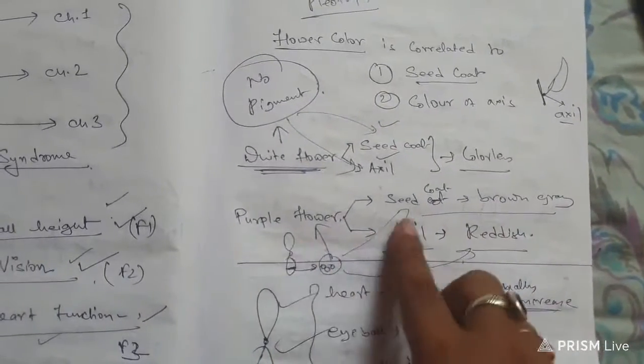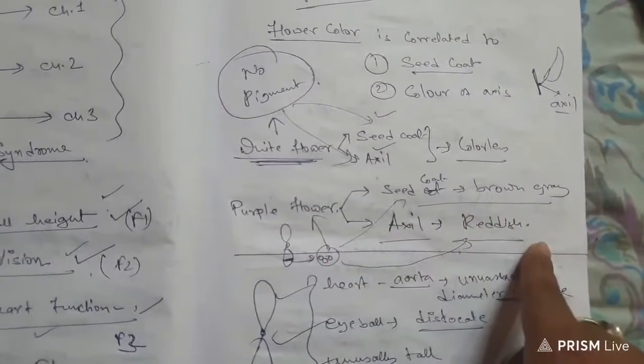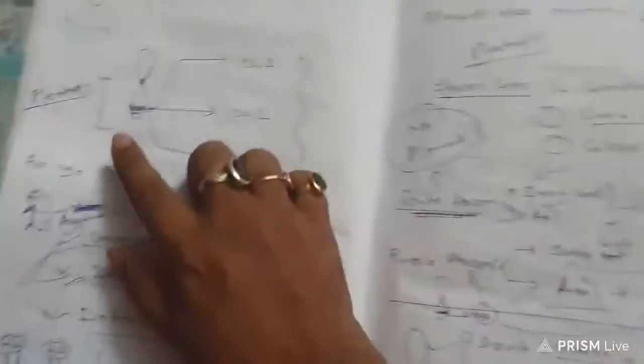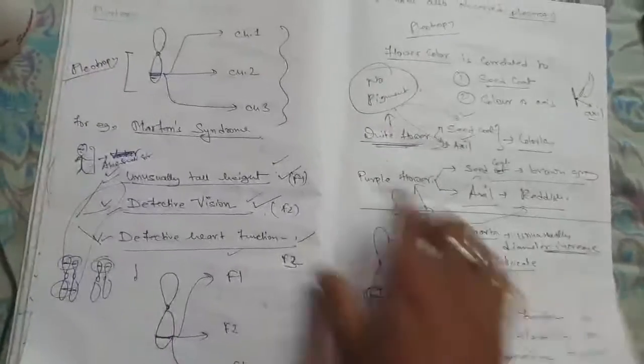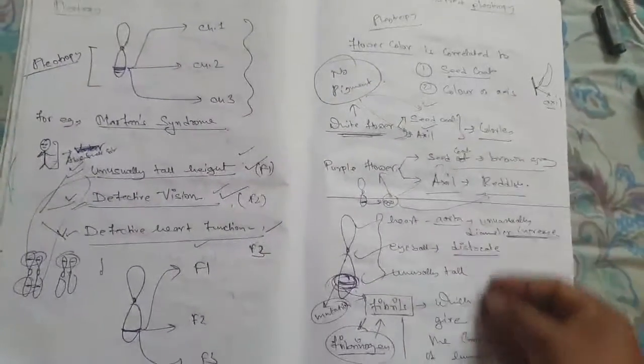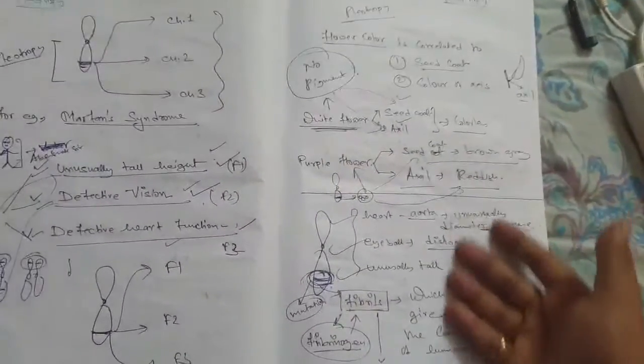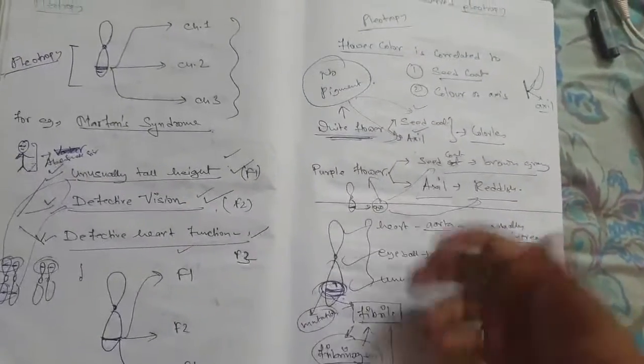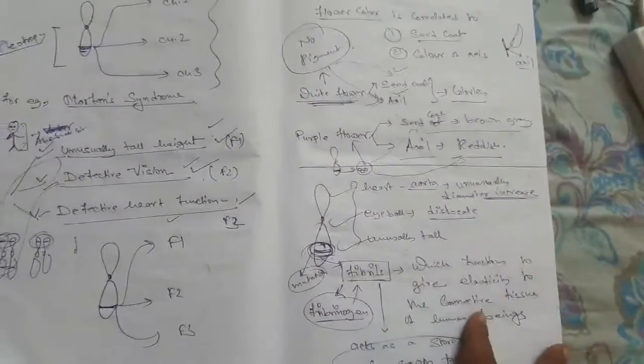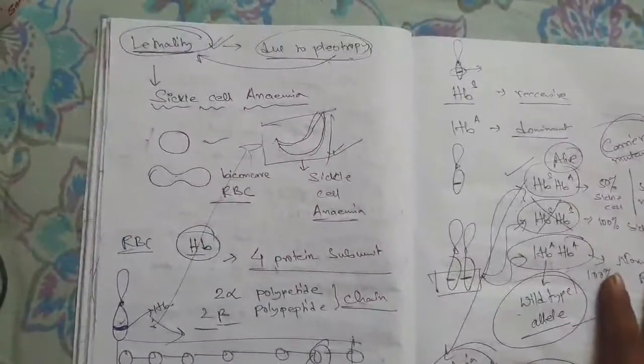But if a purple flower was coming, the seed coat was also colored, and the axil was also colored. So from one particular locus, many characters were expressed, because that locus was giving a protein which was maintaining the expression of a lot of characters. So that is pleiotropy. But lethality is something different.